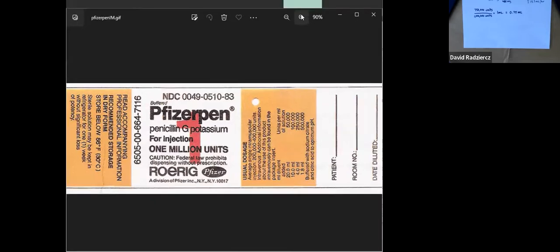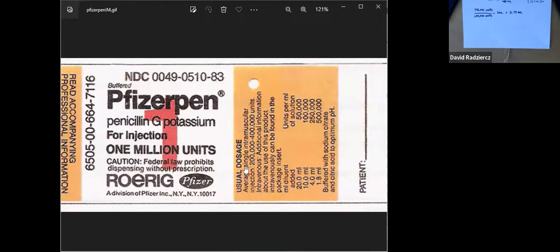And so I'm going to zoom in here. We can look at the label here, and I know this is on its side, it says the usual dosage for intramuscular injection is 200,000 to 400,000 units. So that 750,000 units is probably too much. Then it tells you how to make the different concentrations. For this one, 50,000, 100,000, 250,000, and 500,000 units per milliliter.